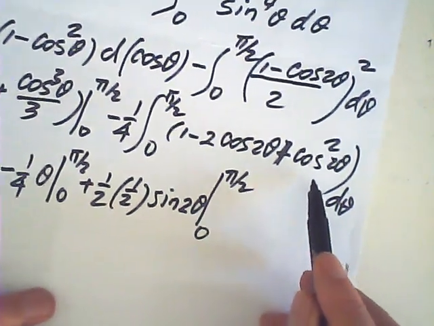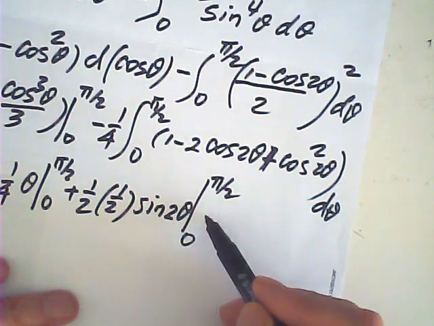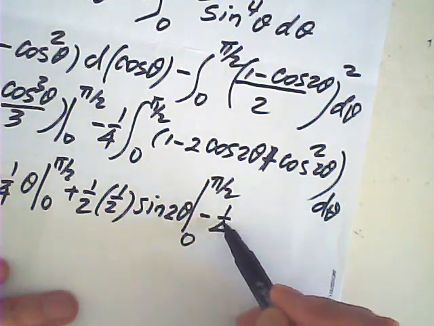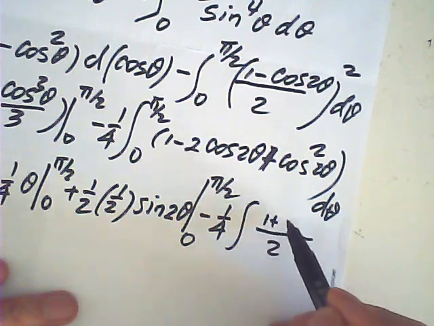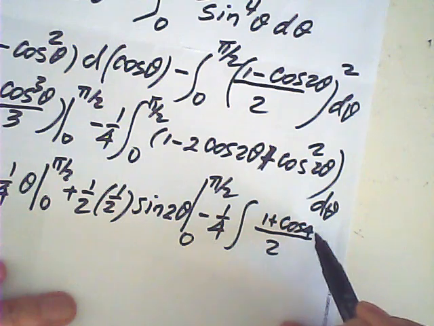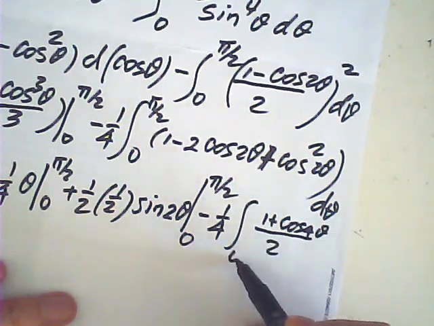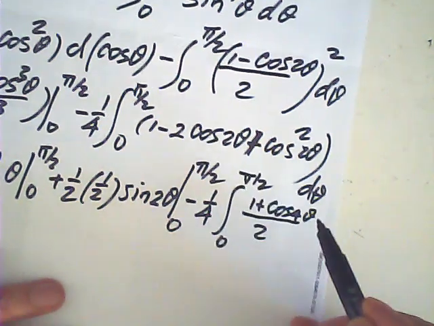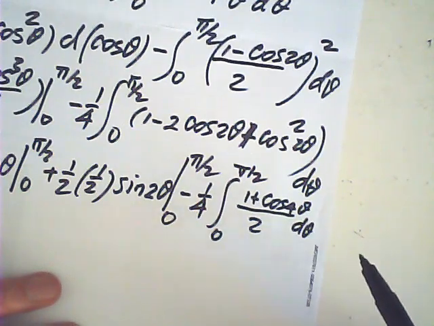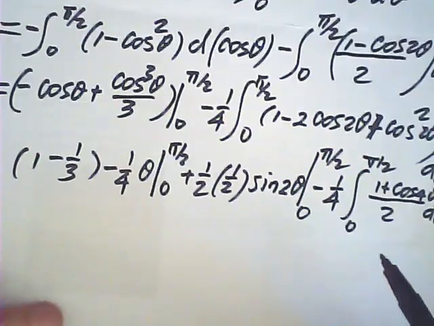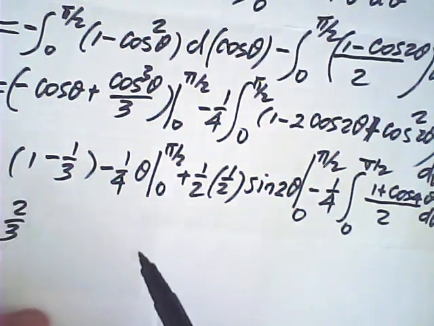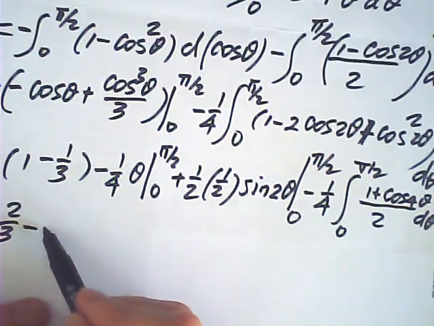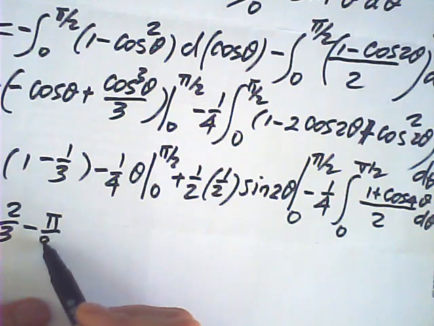And plus this. This is a minus 1/4, half 1 plus cosine 4 theta, 0 to half pi, d theta. Well, this is equal to 2/3. This is minus 1/8 pi.